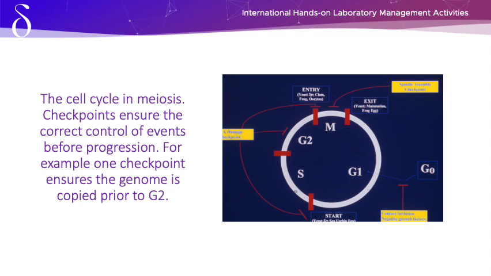But anyway, checkpoints ensure the correct control of events before progression. So we can imagine the amount of important pathways in this process that can go wrong and lead to an abortive meiotic resumption.